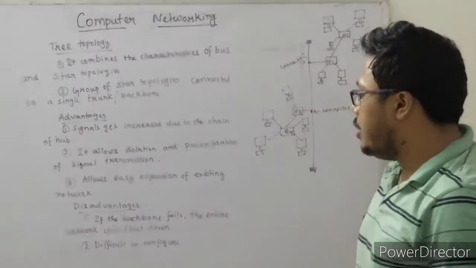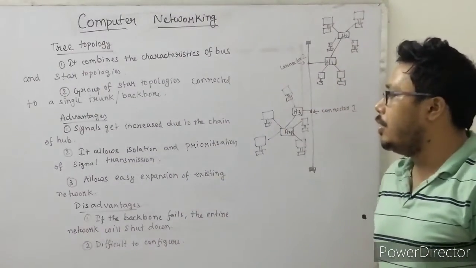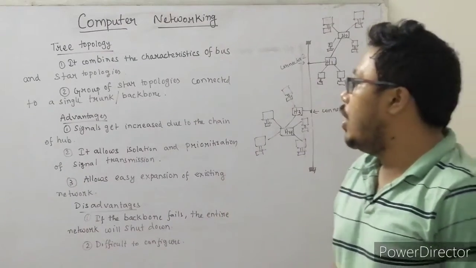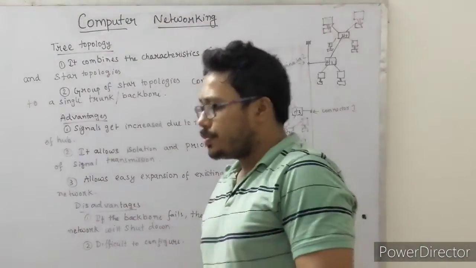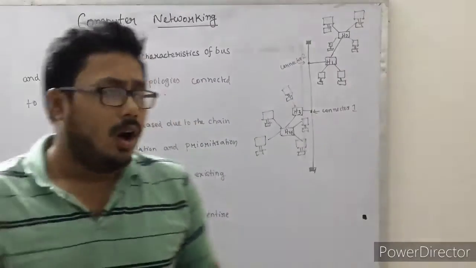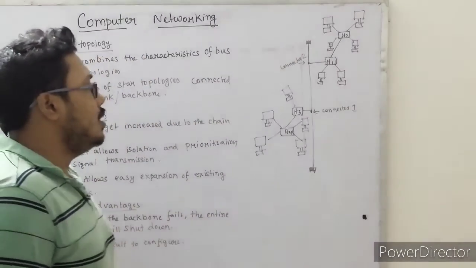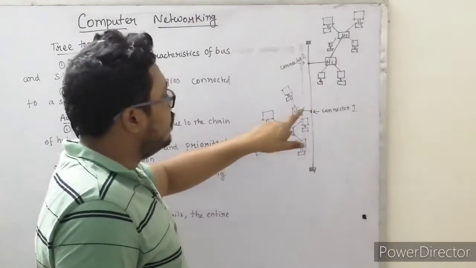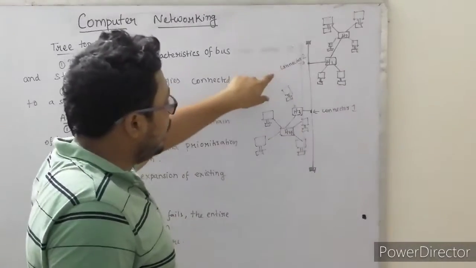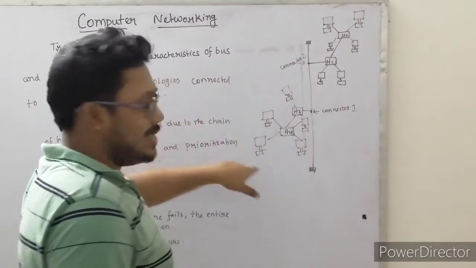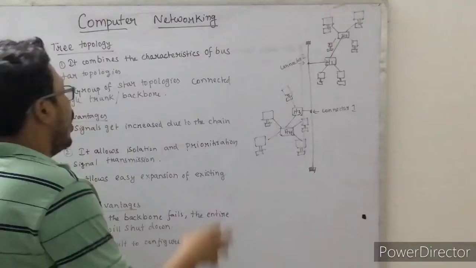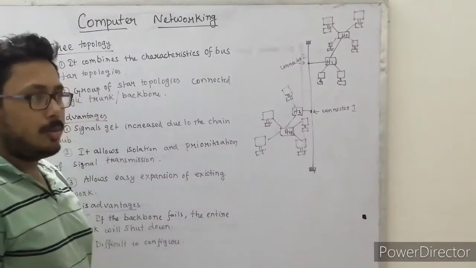Now coming to the second point, it allows isolation and prioritization of the signal transmission. It gives priority or isolates one signal. See, this hub is giving isolation to these star topologies or priority to these topologies.